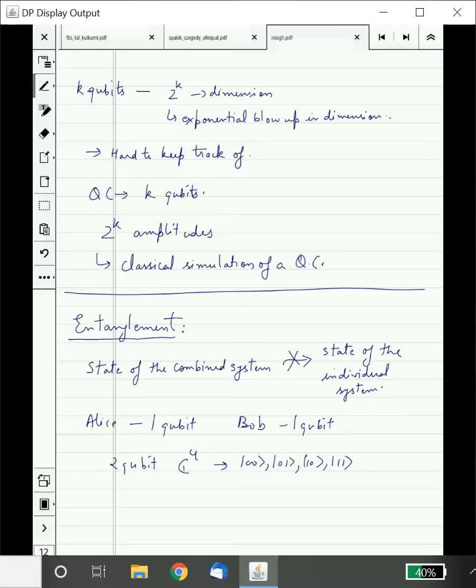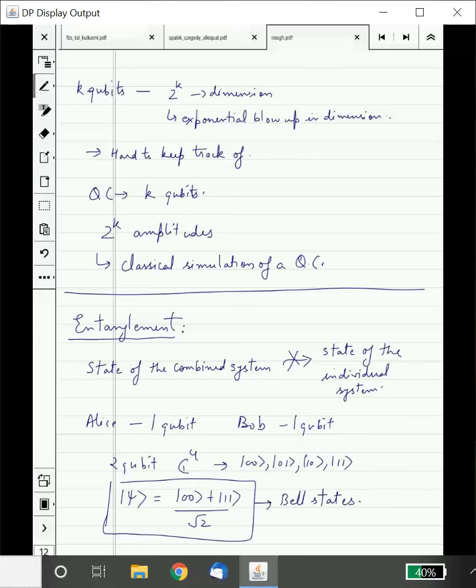So look at this magical state. There is a good reason why I am calling it magical. These are called Bell states. Anyone who studies quantum mechanics or quantum computing keeps encountering these states very, very often. So this is a particular Bell state. If I take a minus, it is also a Bell state.